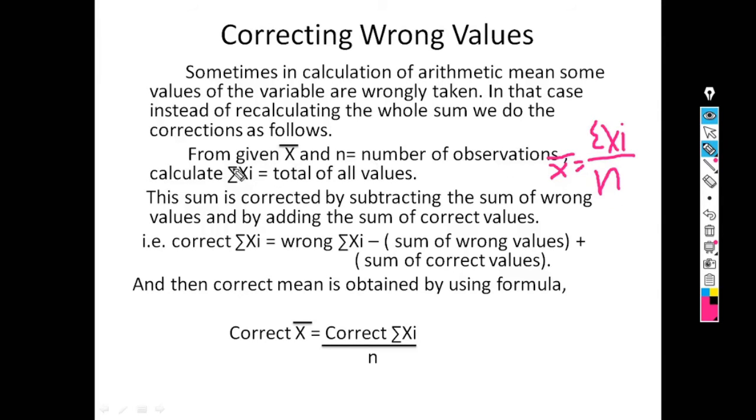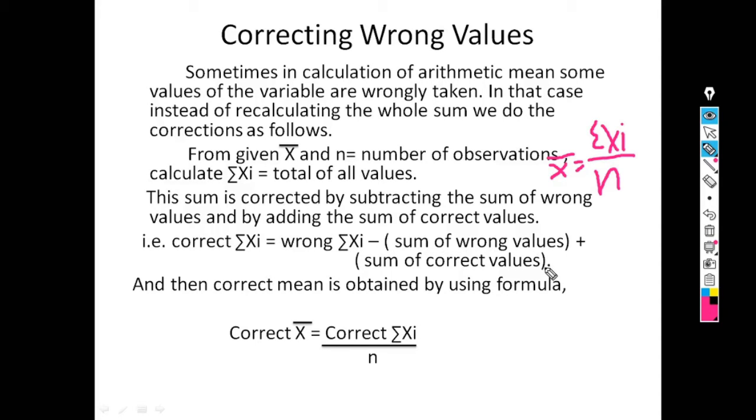So the first step is we calculate summation of xi, that is n into x bar. Then this sum is corrected by subtracting the sum of wrong values and adding the sum of correct values.